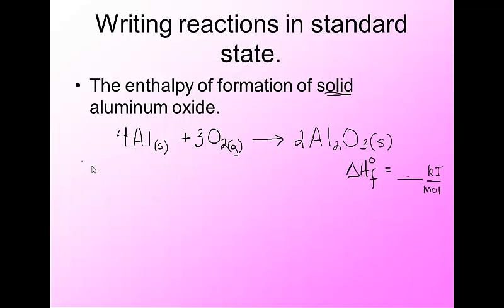I'm going to reduce it by half. So I will get 2 aluminums, solids, plus 3/2 oxygen. This is just a formality, but you have to understand that the reactions are given to reflect 1 mole of product. It's just a manipulation of the reaction to reflect the units for the heat of formation.